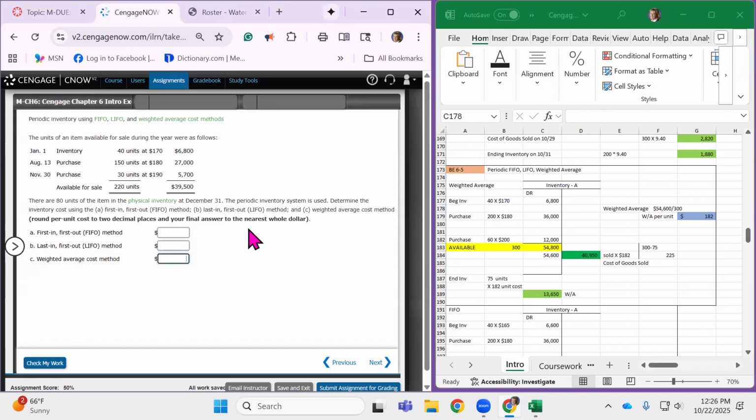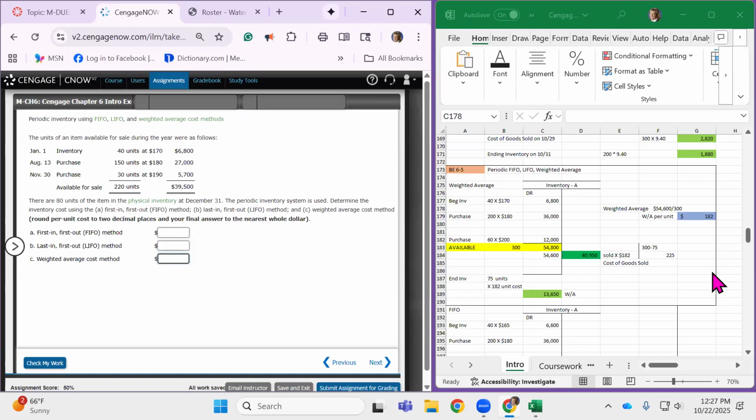We're going to go through this three different times and show you that, based on a cost flow assumption, you can get different answers. You can use any of them. GAAP doesn't care which one you use, as long as you disclose what method you're using.